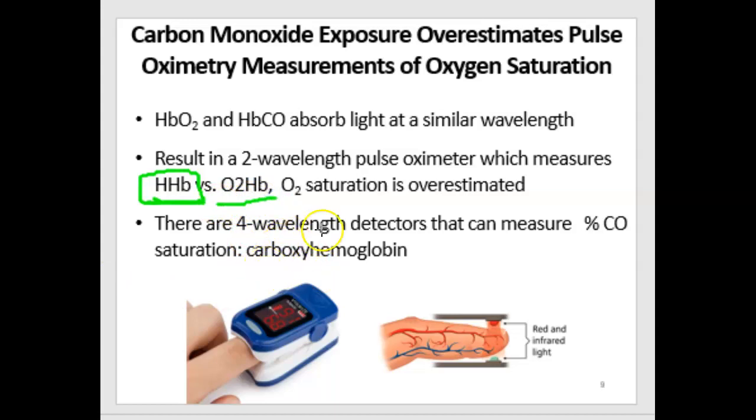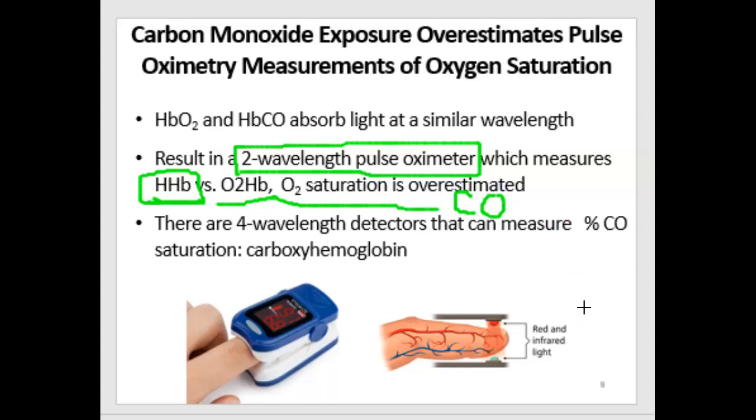What this means is that if you're only using a 2-wavelength pulse oximeter, the amount of oxyhemoglobin is overestimated because CO, carbon monoxide, absorbs light at the same wavelength as this oxyhemoglobin.